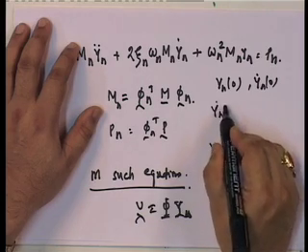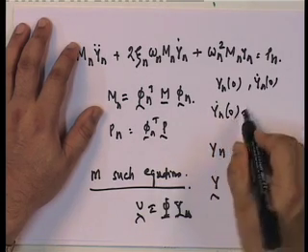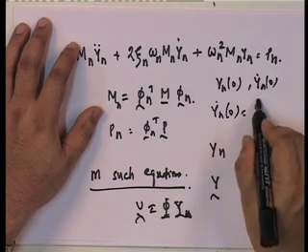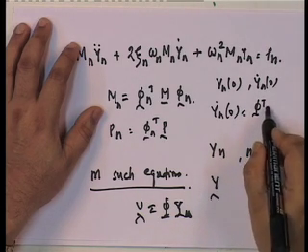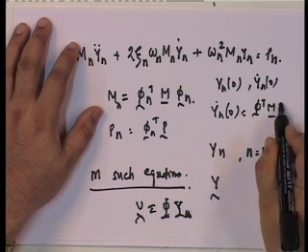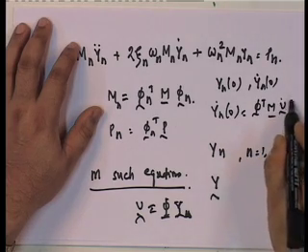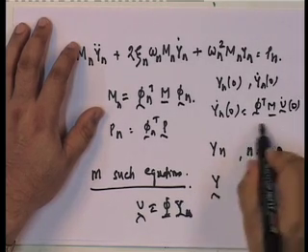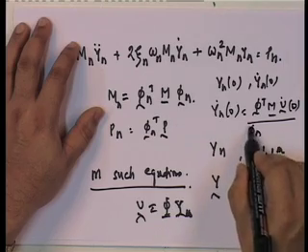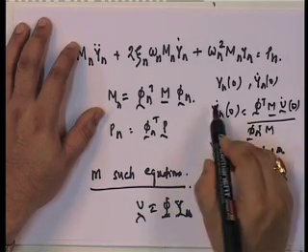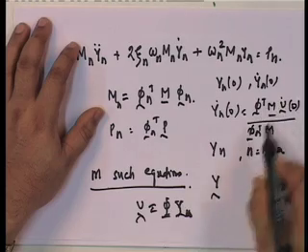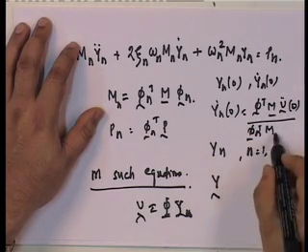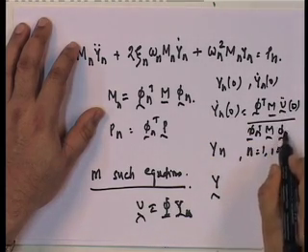And of course, this is subjected to y n 0 and y n dot 0, where y n 0 and y n dot 0 are given by phi n transpose m v 0 or v dot 0, both given exactly the same way. If this is not dot, then this is not dot, if this is dot, then this is dot, into phi n transpose.